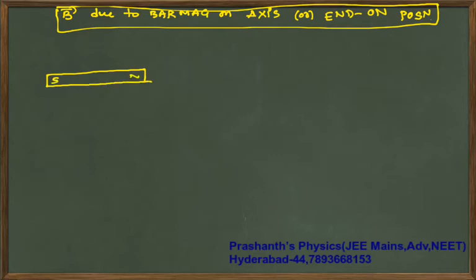This is the south pole, this is the north pole. So indirectly it is minus m, it is plus m. On the axial line, this is your point P.